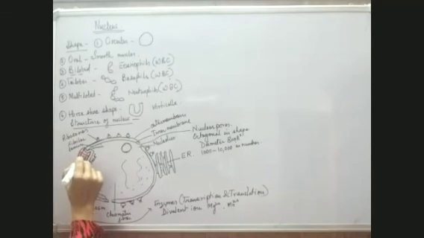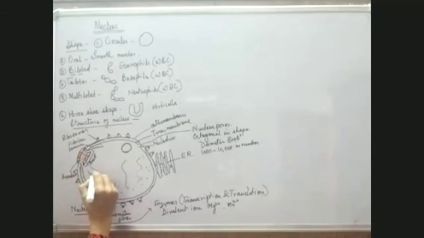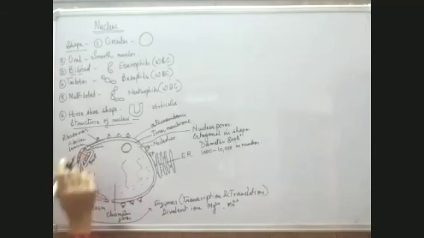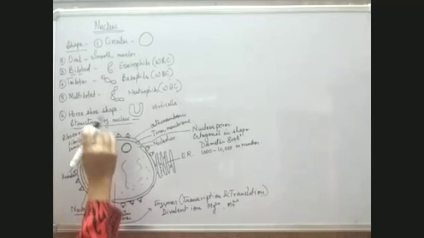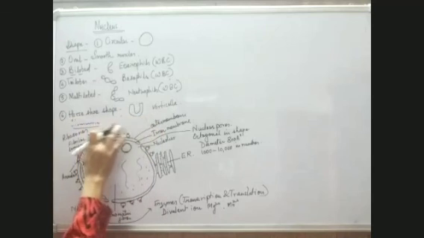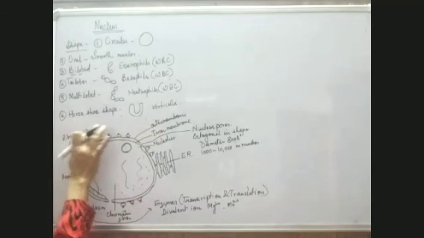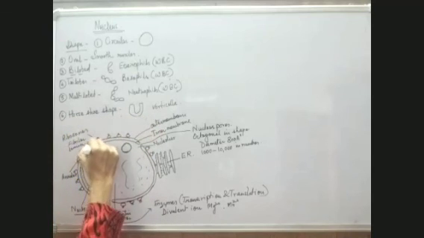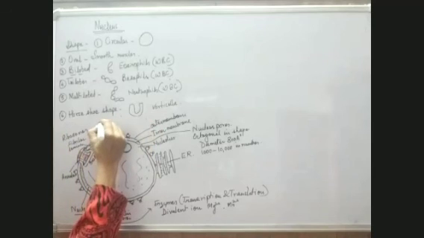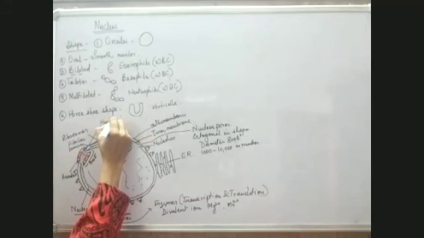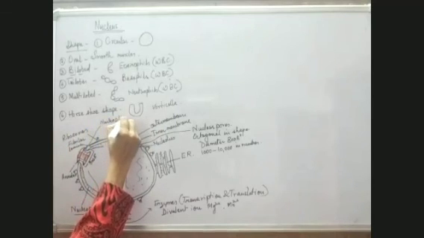I'll write it here, since you will not be able to understand if I write it inside. This gel-like substance present inside this is known as nucleoplasmin.